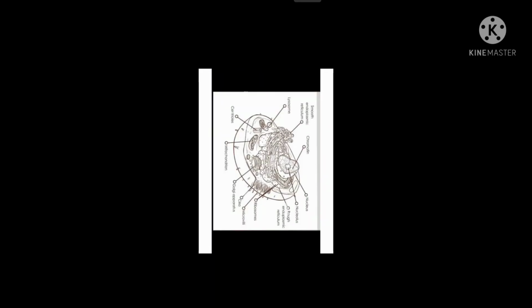They have disc-like structures at their ends, arranged parallel to each other. Then the trans phase: here the protein gets synthesized and released. This phase is called the trans phase.